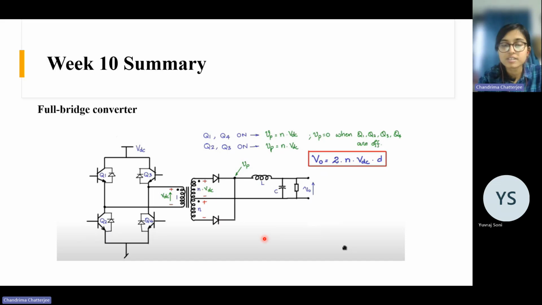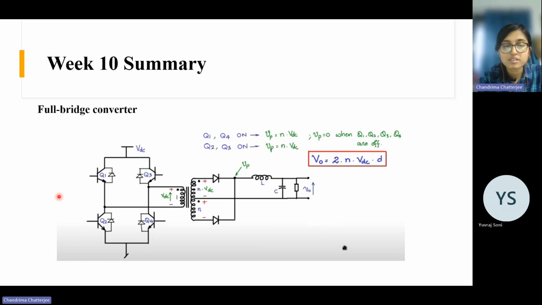Otherwise, all these things are the same. Here there will be the supply voltage VDC. Here this is the center tapped transformer. When Q1 and Q4, these two diagonal devices, are on, then current will flow like this through this switch.